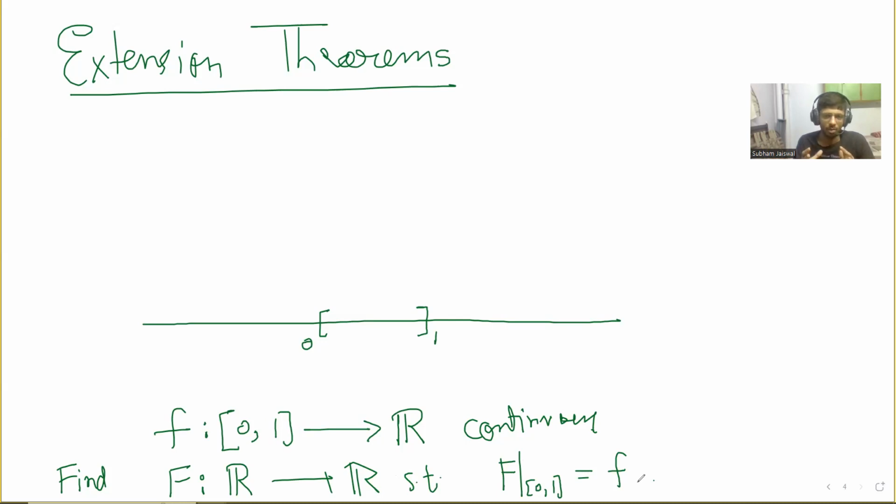I do not know how to do this. I can quote a theorem, but how can we do it ourselves? So the question is clear: we have a continuous function on the closed interval 0, 1. Extend it.